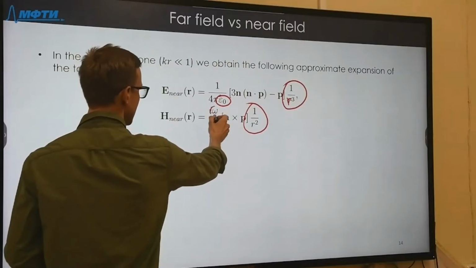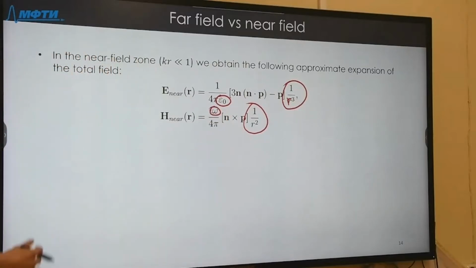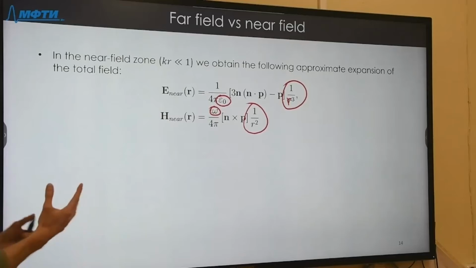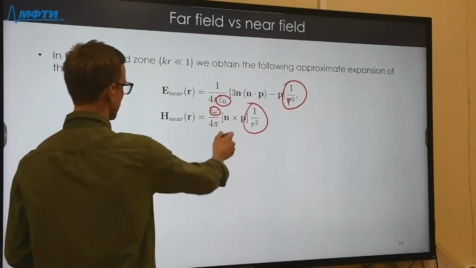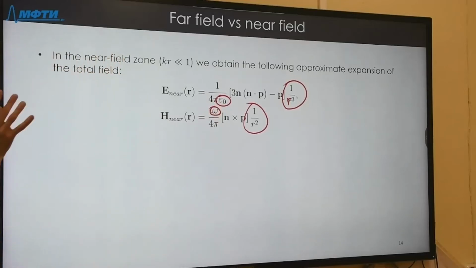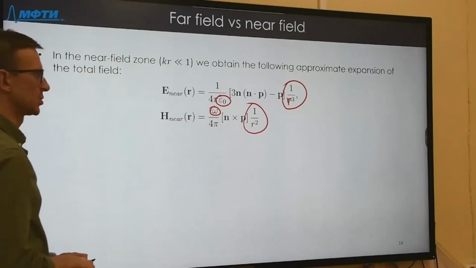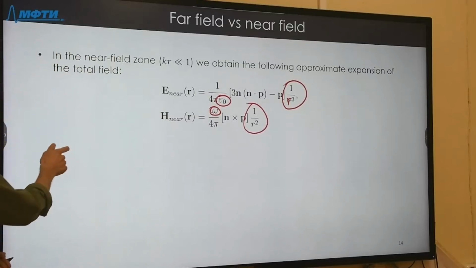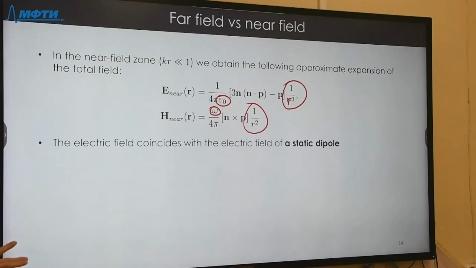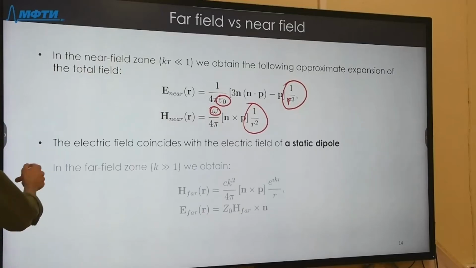The magnetic field does have frequency because the magnetic field of a static dipole is 0. So if we want to look at the magnetic fields in the near field zone, we have to include certain frequency. But the important point is that the electric field of a point electric dipole in the near field zone exactly coincides with the field of a static dipole.